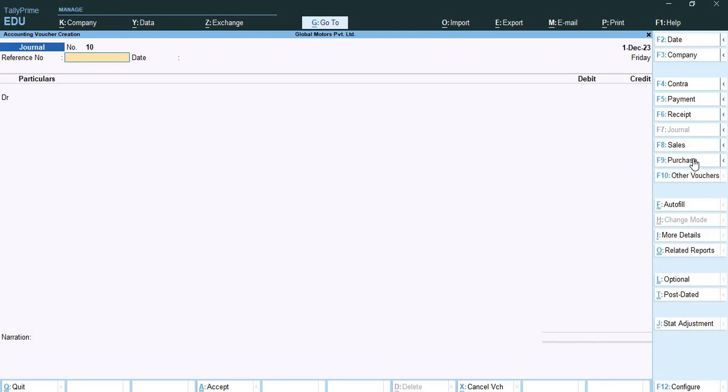Now, the last topic is payment of TDS. As per the Income Tax Act, corporate and non-corporate entities, deductors making payments specified under the Income Tax Act to third parties, deductees, are required to deduct tax at source at prescribed rates on such payments.